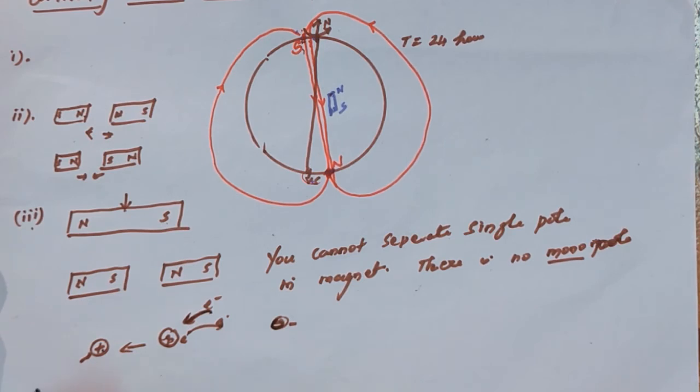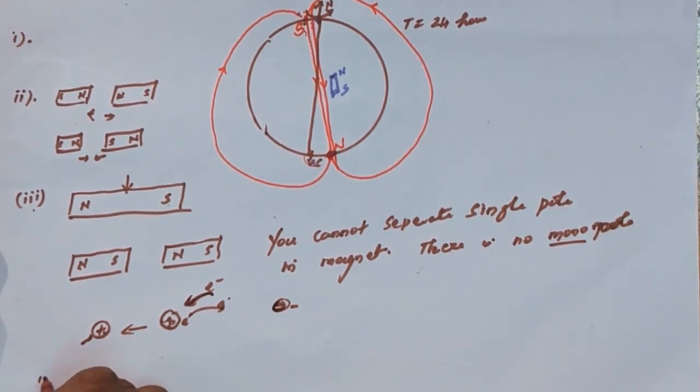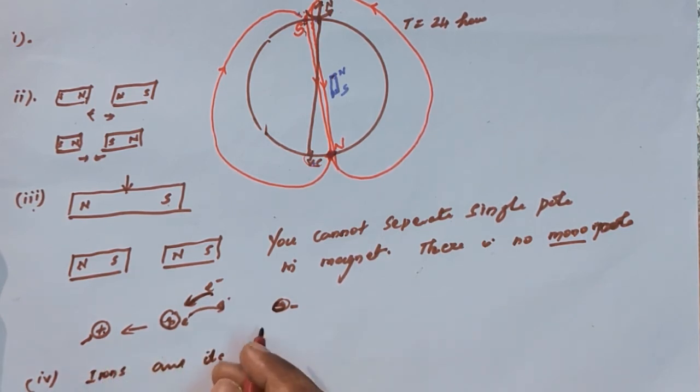The last point we have to understand regarding magnetism is that it is possible to make magnets out of iron and its alloys. Iron is a good magnet material because it has a lot of 3d electrons.